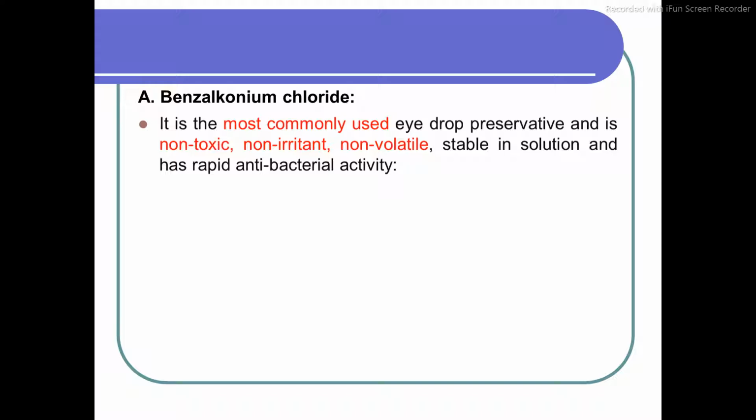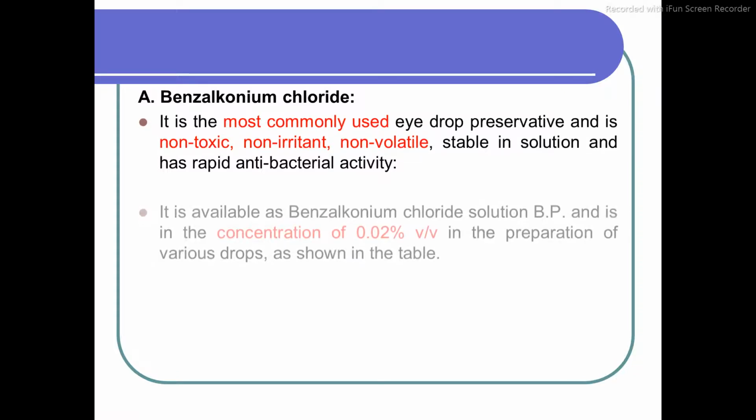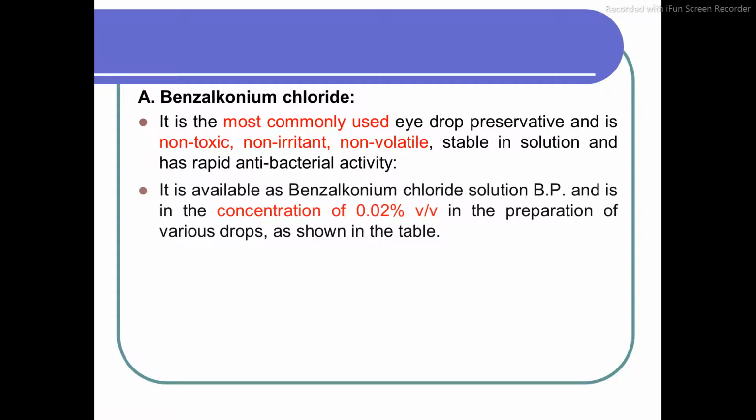These are the first requirements. Otherwise, if a preservative is toxic it may damage your eyes, and if it is highly irritant it has a dangerous effect on your cornea. It is available as benzalkonium chloride solution BP in a concentration of 0.02% volume by volume, and in this concentration we can use it in preparation of ophthalmic eye drops.